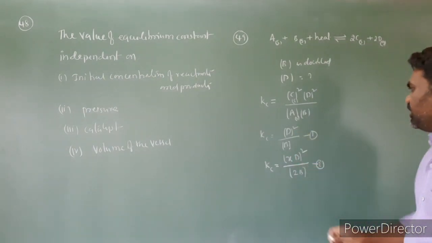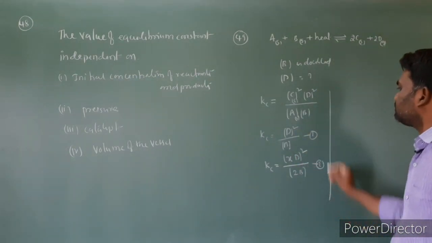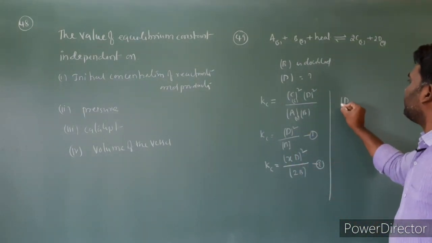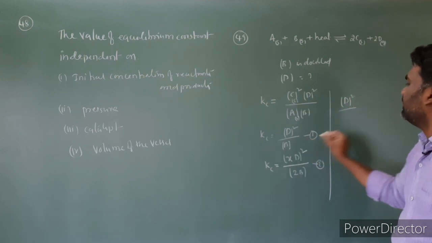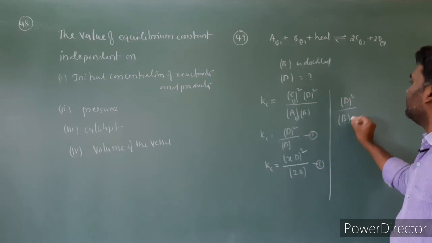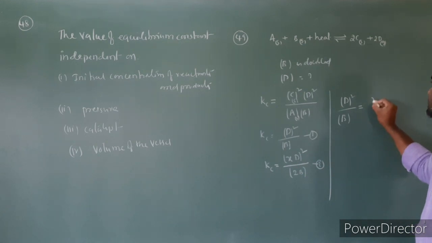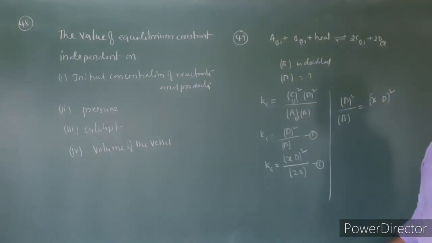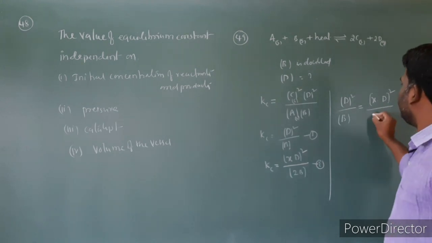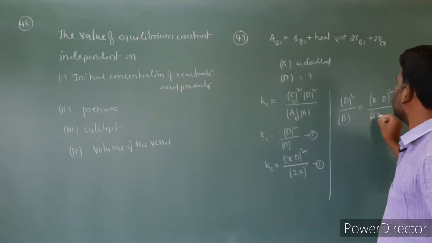So from equations 1 and 2 we can write D concentration power 2 by B concentration is equal to X into D concentration power 2 by 2B concentration.